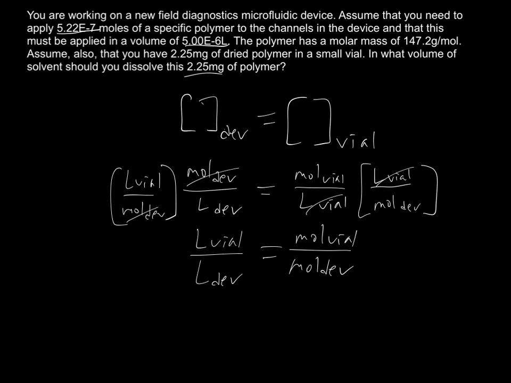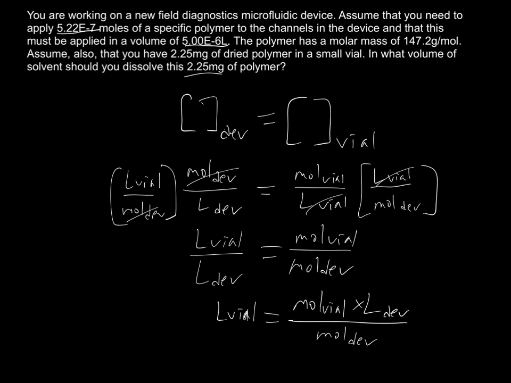Now we can restructure this equation so that our target volume, the volume of solution in the vial, is equivalent to moles of polymer in the vial times volume of solution in the device divided by moles of polymer in the device.